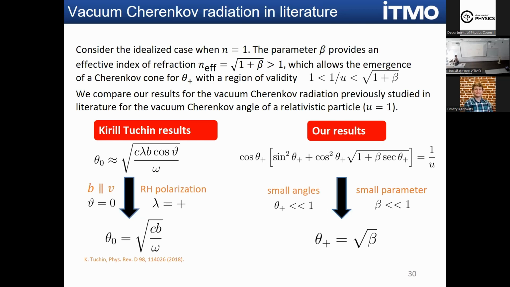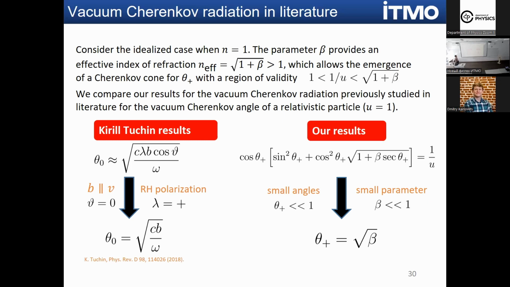He uses quantum field theory methods and obtains another expression. Where this script theta is the angle of the movement of the particle with respect to the vector v. We remember that all these results were done by considering a movement of the particle parallel to the vector v.